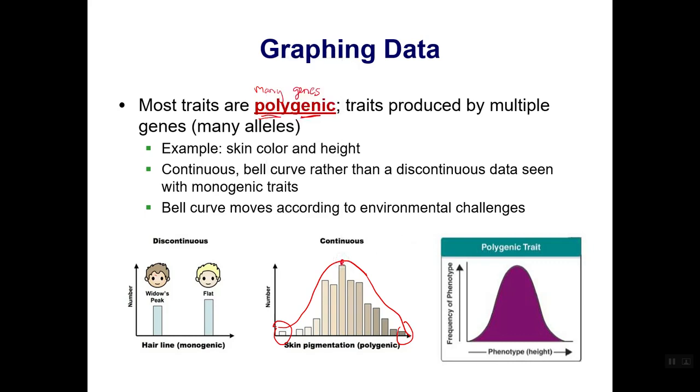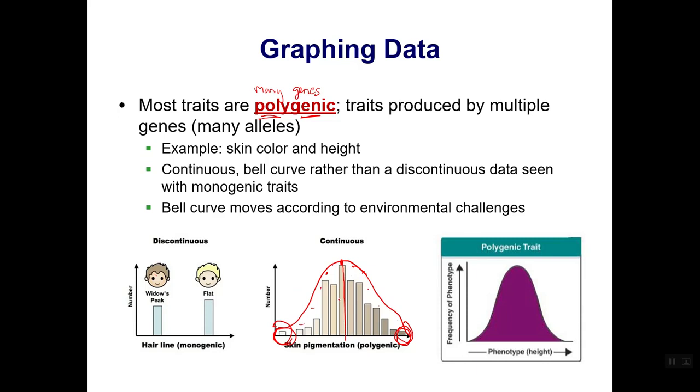This is the average, okay? And then you're going to have a little bit less people fall into these two pigmentations. And then a little bit less fall into the next one, and a little bit less on the next one, and less and less, until very, very few people have really, really dark pigmentation, and very, very few people have really, really light pigmentation.